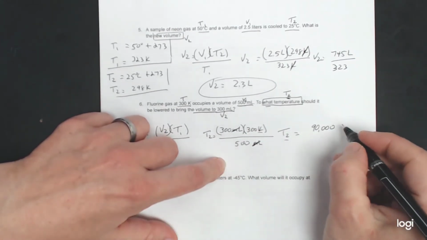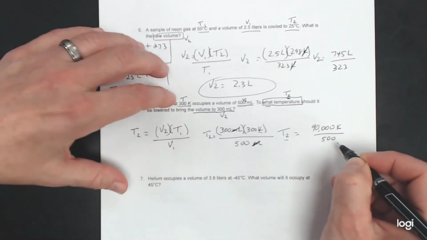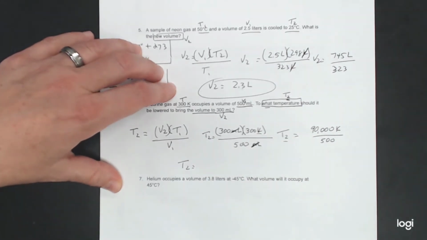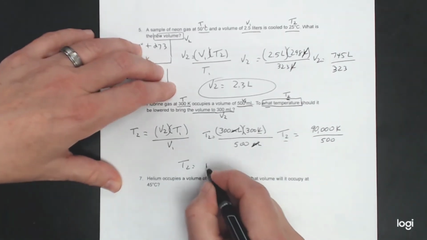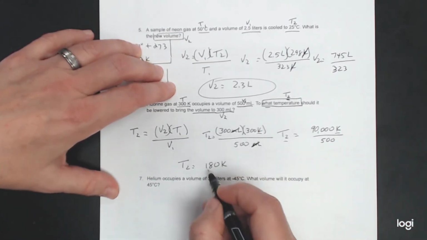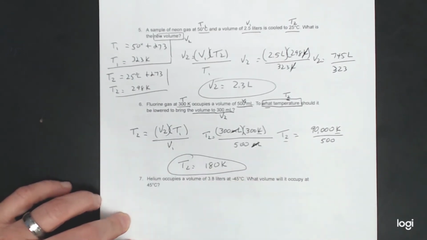And that leaves us with 90,000 K over 500. So then T2 equals 90,000 divided by 500, and that equals 180 K. And again, if I wanted to, I could convert this back to Celsius, but we're not going to worry about that right now.